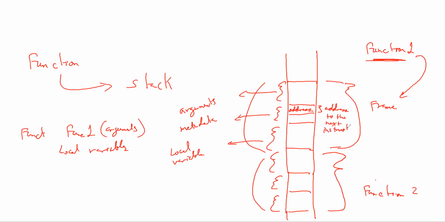And this is for the CPU to look at that address and execute that next instruction. All right, so whenever the CPU is currently looking at a function, it needs to have a pointer pointing to that frame. Okay.